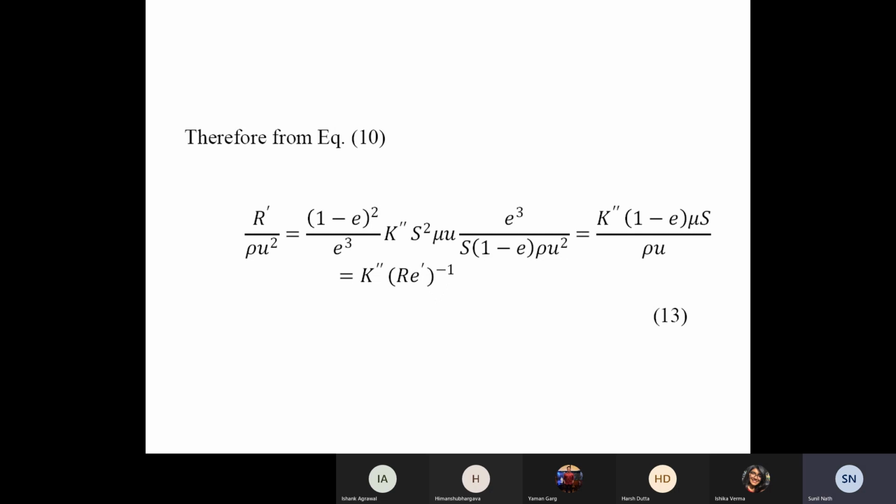Since R prime itself was delta P into E upon LS into 1 minus E, I can substitute for that. And I shall get what you have on equation 13, which is the equation we wanted to derive.